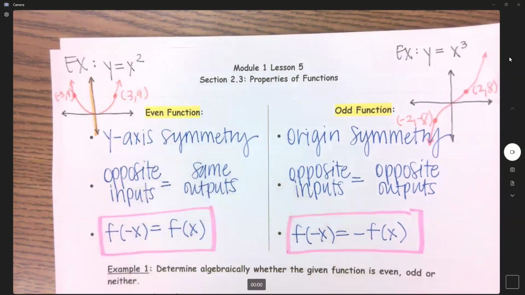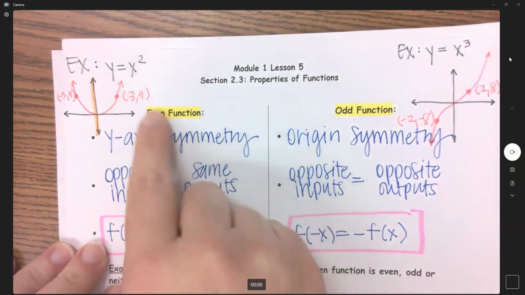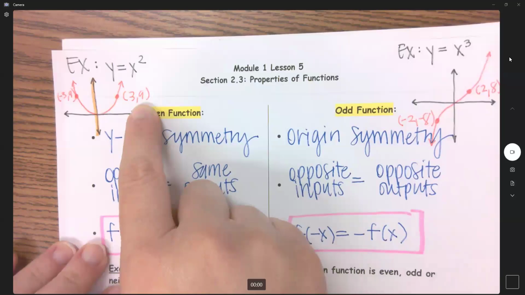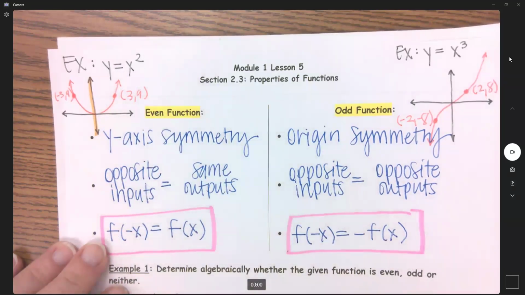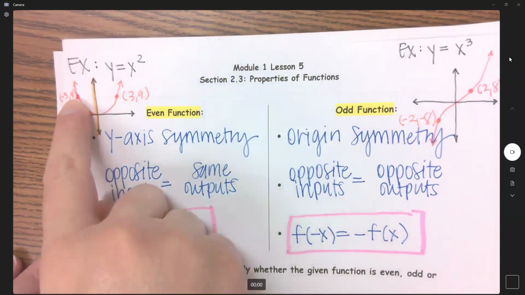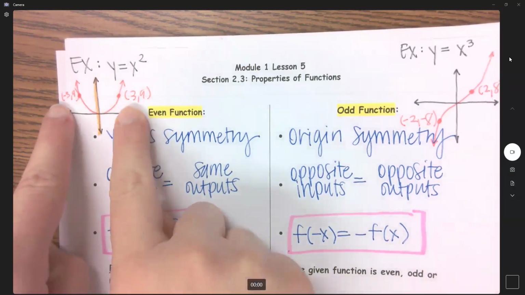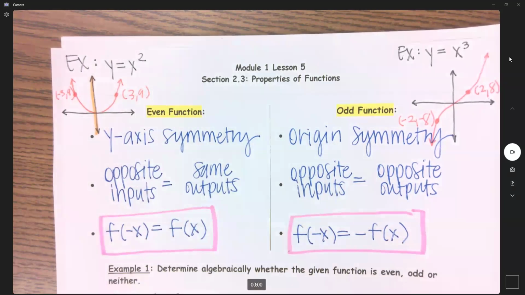You can see that right here. If we put in 3 into this equation, 3 squared is 9, so we get the point (3, 9). If I put in negative 3 in parentheses squared, that is negative 3 times negative 3, which is positive 9. So when I put in opposite inputs of 3 and negative 3, I still get the same output of 9.